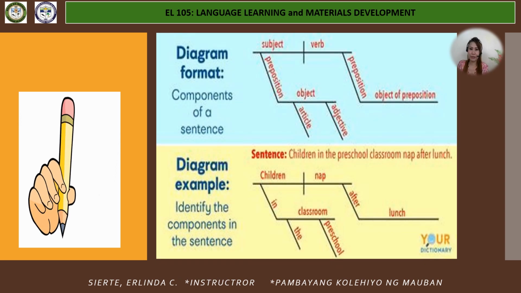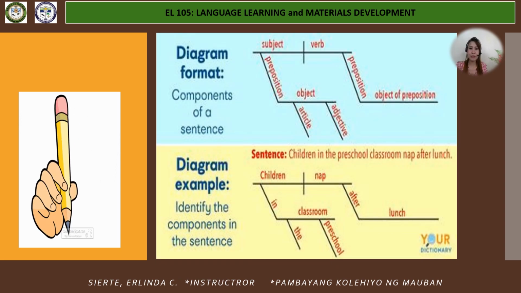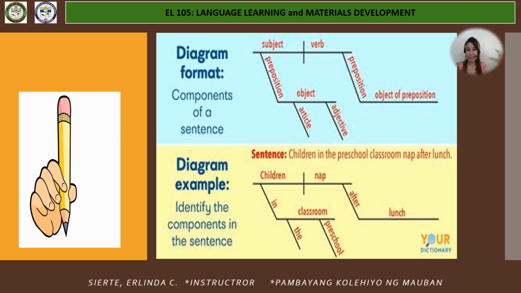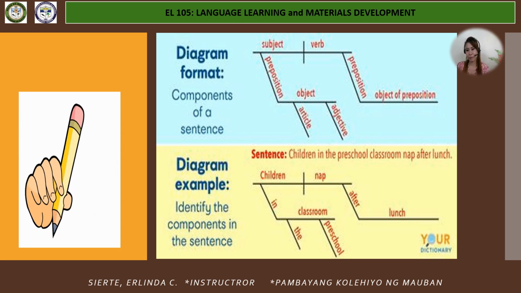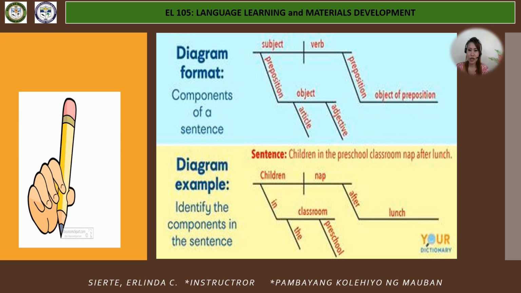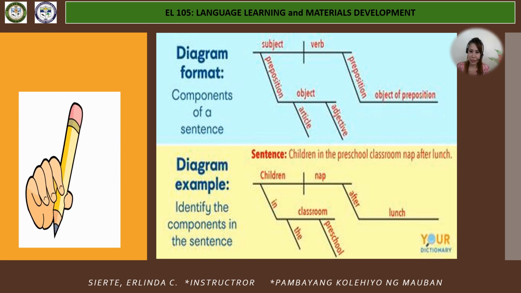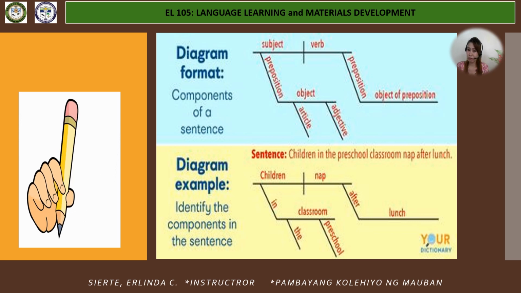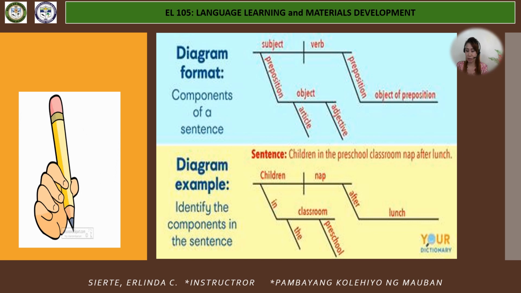So this one, another example. The diagram format shows the components of a sentence. We have here the subject and verb. You are going to identify the subject and verb, and under that there are also prepositions, the object, the article, adjective, preposition, and object of the preposition. So it depends on the sentence construction.